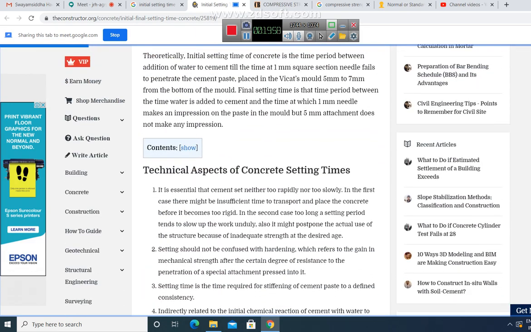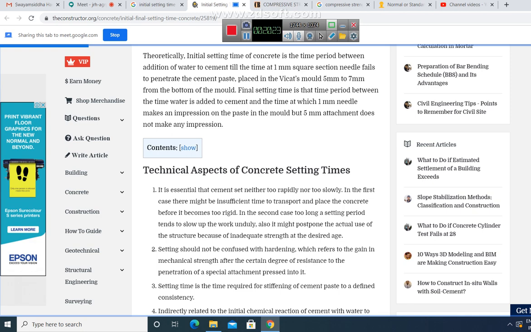Let us see. So initial setting time means it's the time period between addition of water to cement till the time at which a 1 millimeter square section needle fails to penetrate the cement paste placed in the Vicat mold, 5 to 7 millimeter from the bottom of the mold. You have one needle attached to the plunger of the Vicat test apparatus.